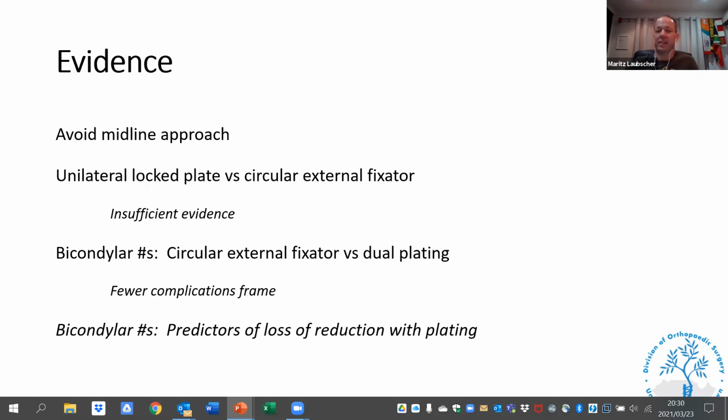So what does the evidence say? Well, I think some of the strong evidence in plateau fractures is to avoid a single midline incision.